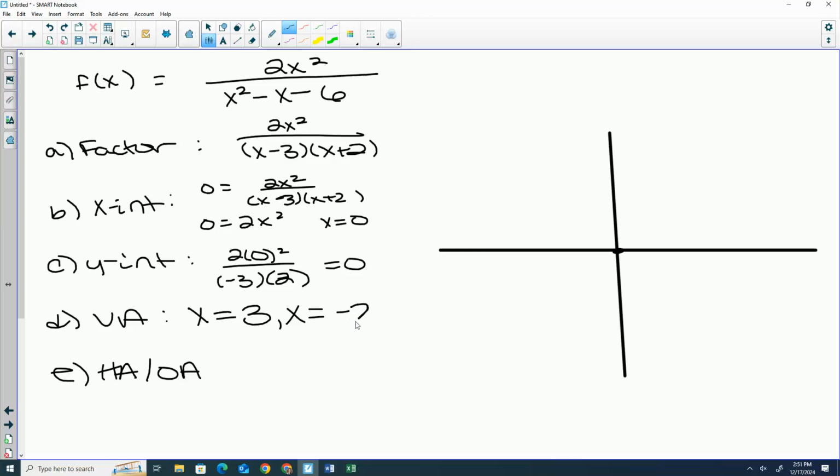X equals, we graph those as dashed lines. +3 and -2. Okay, horizontal or oblique. We talked about this yesterday and we said it's really just like a division problem. If you take 2x squared divided by x squared, what do you get? 2. So it's a horizontal y equals 2.